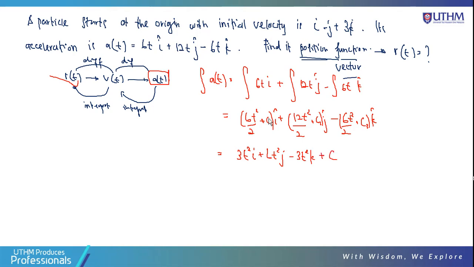Okay, C1, C2, C3 as I explained previously, you add them to equal a single C. Okay, single C. And then you need to determine r(t). But before you proceed to determine r(t), you need to solve for the C. Don't just proceed directly to integrate again. You have only found v(t), so you need to complete the C. So how can we determine the C?